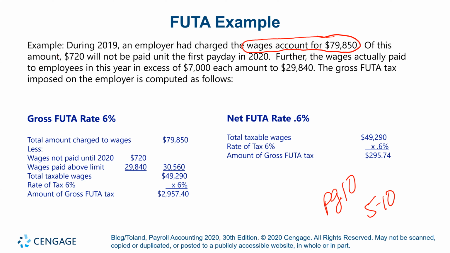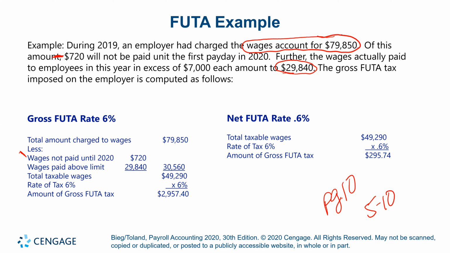So we're going to have to subtract that 720 out, and we see that down here: will not be paid until the first payday in 2020. Further, the wages actually paid to employees this year in excess of $7,000 each amount to $29,840.